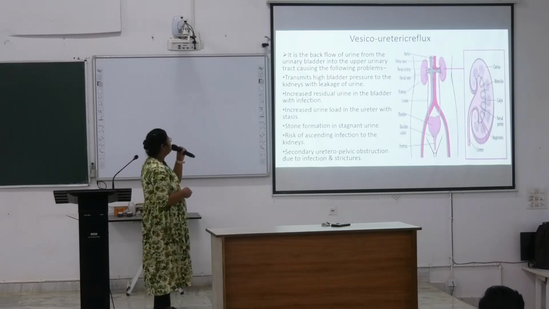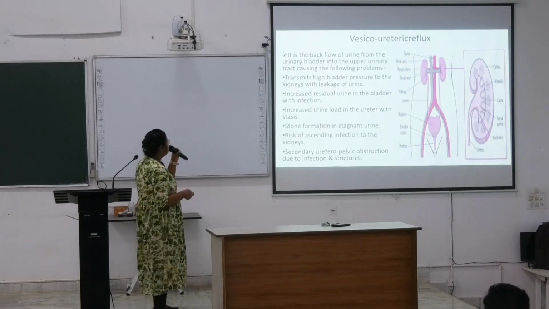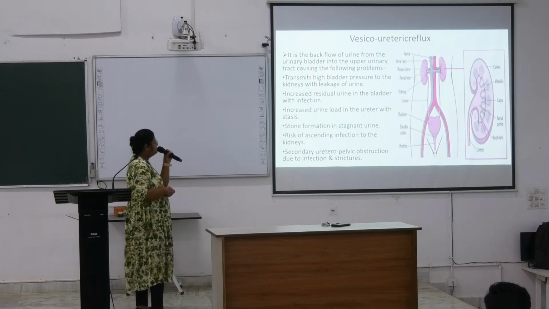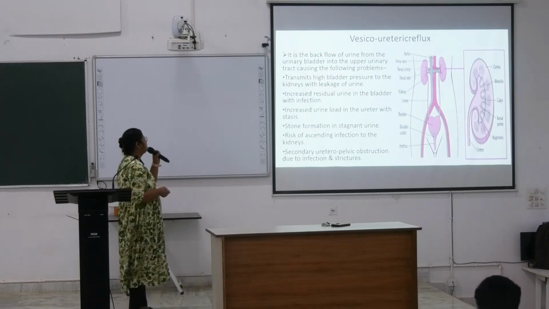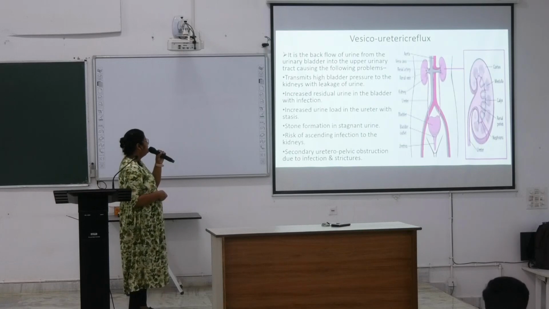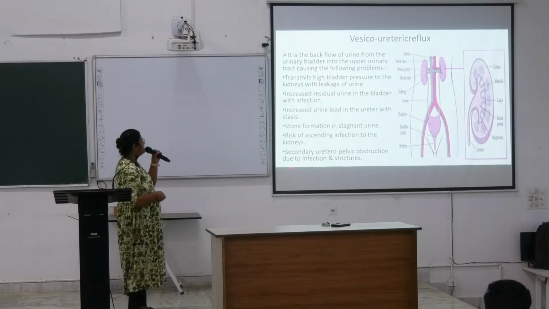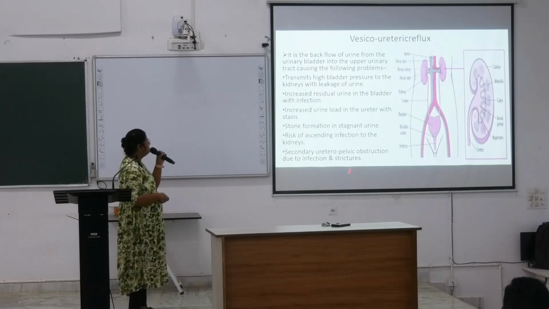Increased residual urine in the bladder with high chance of infection, increased urine load in the ureter with stasis, stone formation in stagnant urine can occur, and risk of ascending infection to the kidneys, and secondary ureteropelvic obstruction due to infection, and strictures can be formed.